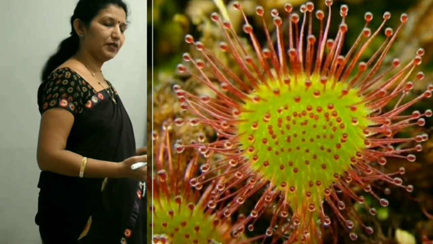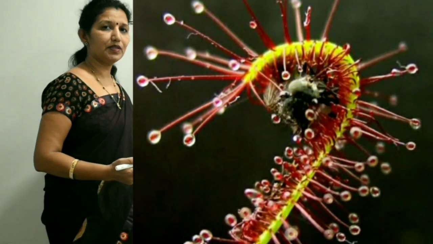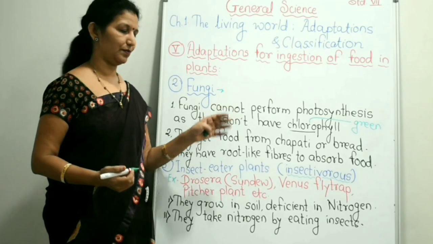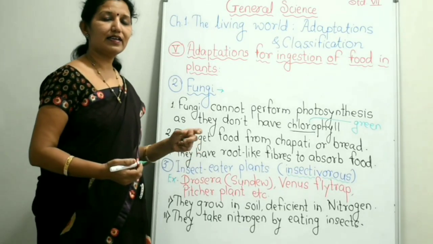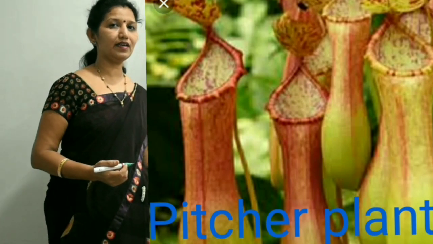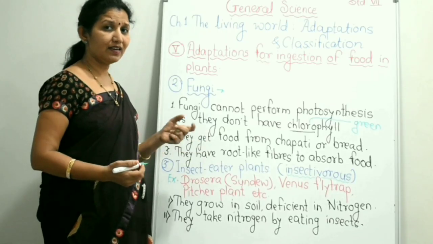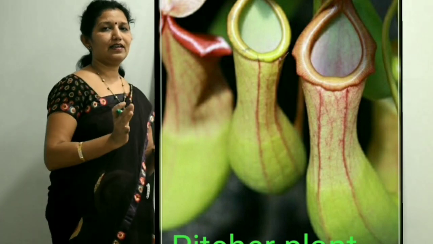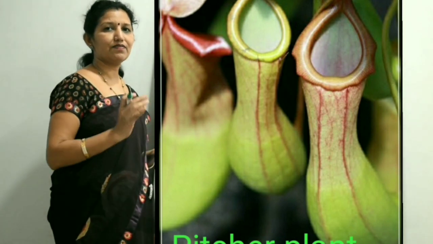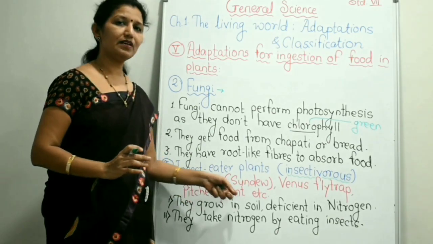Drosera, in Marathi it is also called Dabindu, that's why it is called sundew. Venus flytrap, pitcher plant. Pitcher plant in Marathi is called Ghataparni Vanaspati. Ghataparni, pitcher means pot, and it has a leaf like a kalash. That's why it is called pitcher plant.